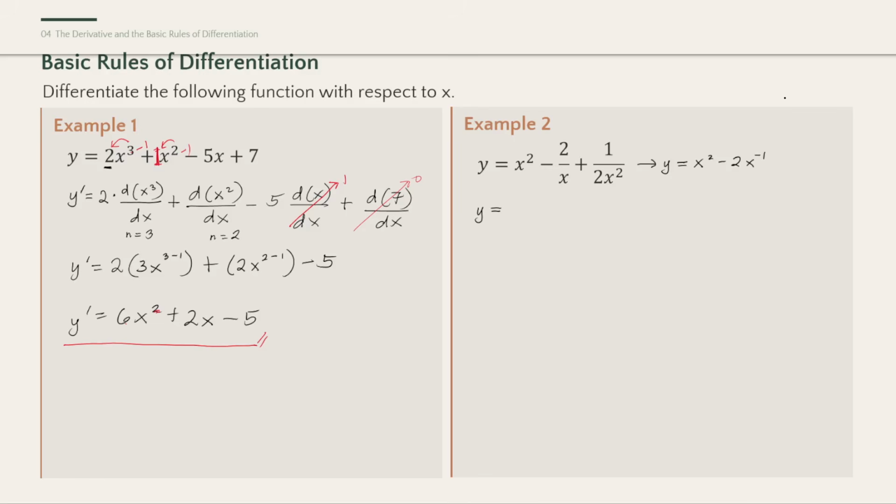Then, the next one is we have 1 on the numerator and 2x squared on the denominator. Okay, the common mistake that I see students make when there are terms just like this one is that they also include 2 when they move the denominator and put it on the numerator. So that is wrong. Okay?